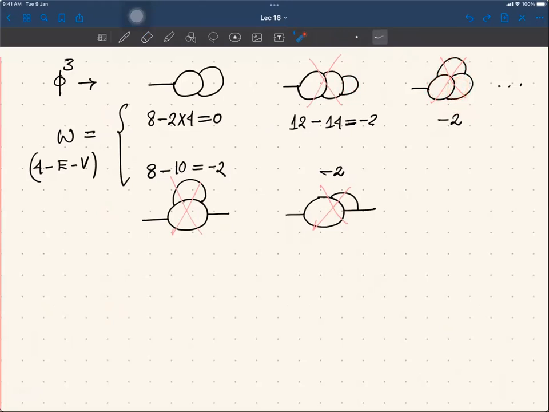So these are absolutely finite graphs. So this is overall finite. This is absolutely finite. This is also overall finite because this one is a primitive graph, 1 loop with 2 propagators. This is absolutely finite again.